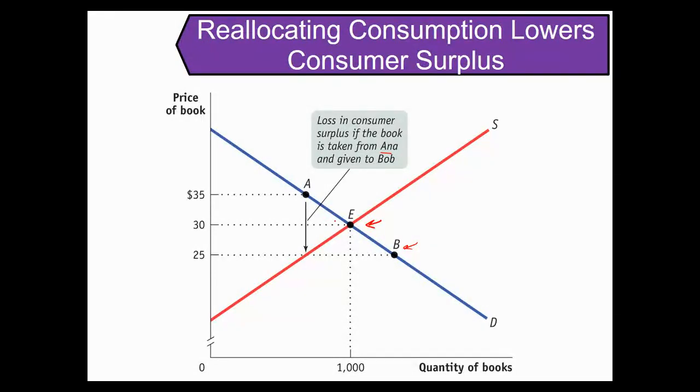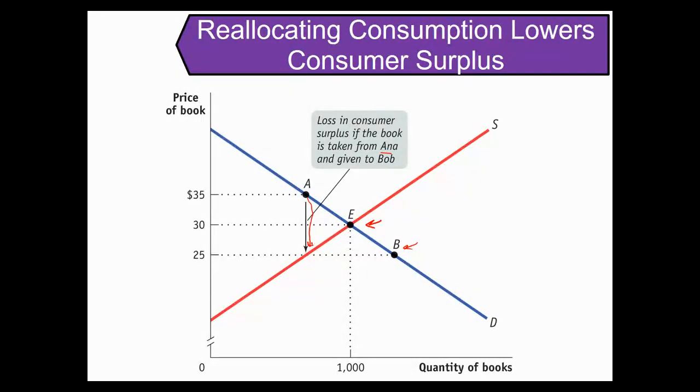If we rearrange the consumption by taking a book from Anna and giving it to Bob, consumer surplus declines by $10. So if we say we're going to drop the price down to $25 and give that book to Bob, the consumer surplus would decline by $10. As a result, the total surplus would decline by $10, and the market equilibrium generates the highest.